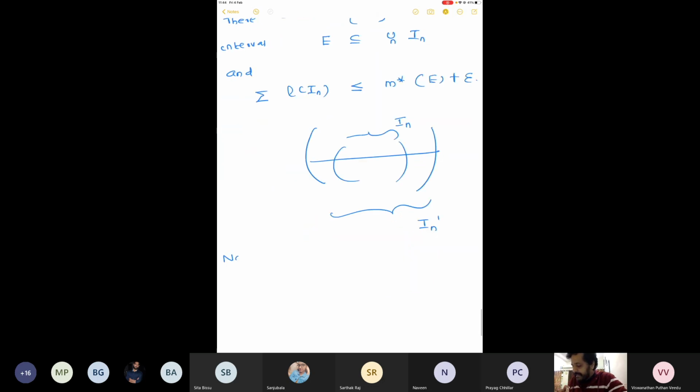Now, for each I_n, same idea as we used in the previous problem.